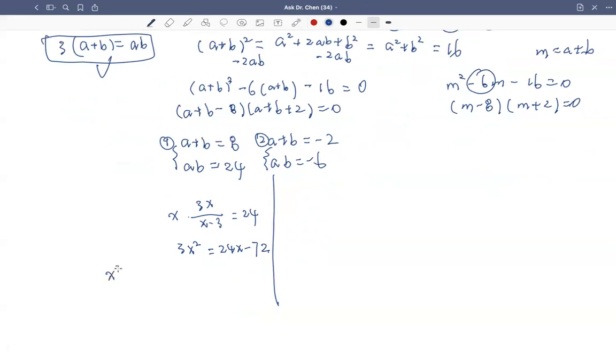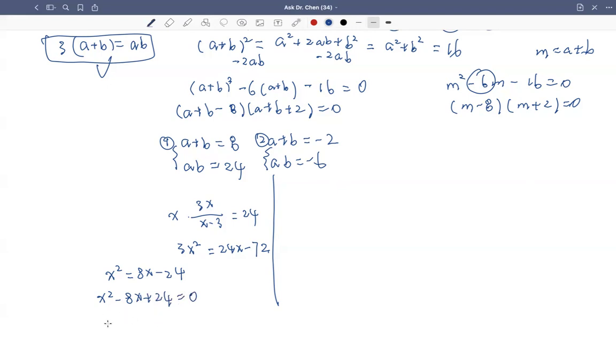So we get x squared equals 8x minus 24, because that's just 3 times 8x minus 24. Then we move 8x and negative 24 to the other side. So x squared minus 8x plus 24 equals 0.